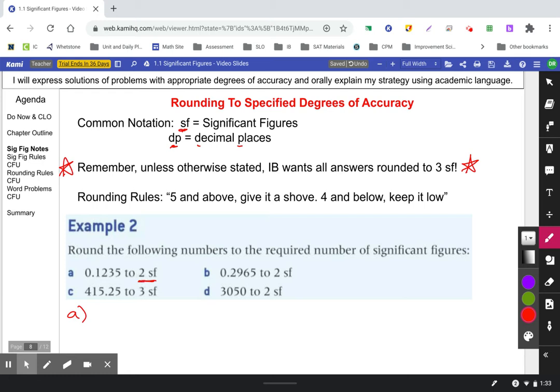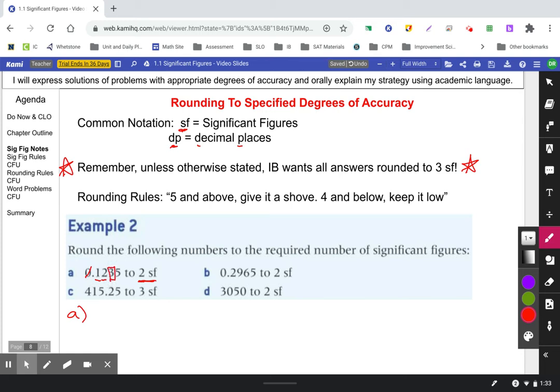So this is asking for 2 sig figs. So I'm going to start working left to right and identify my first 2 sig figs. So this leading 0, we know that is not significant. Then 1 is significant, 2 is significant. Now, those are 2 sig figs. So we're going to use the next number to the right as our rounding number.